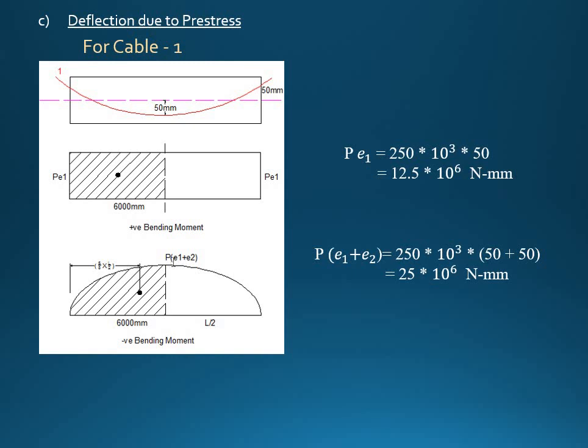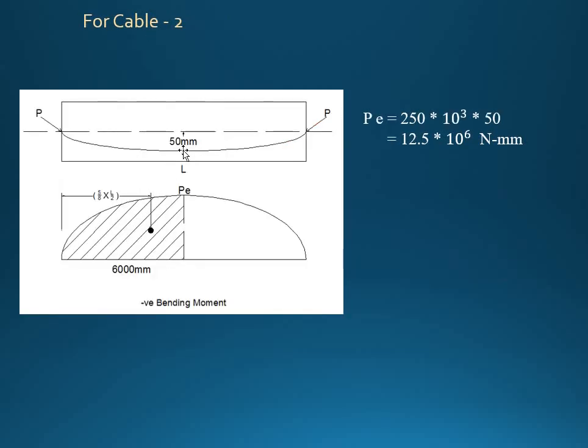So we had two eccentricities, P into E1 plus E2 was there, but here only at the center we have an eccentricity, so it is P into E. PE will be 12.5 into 10 power 6 Newton mm.